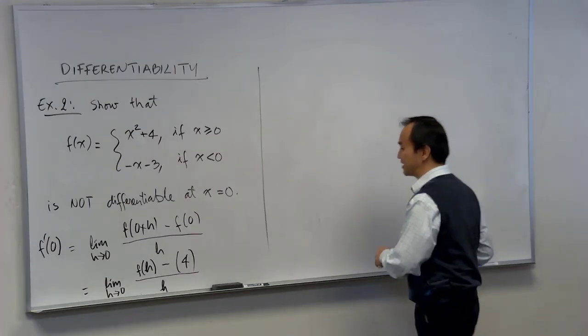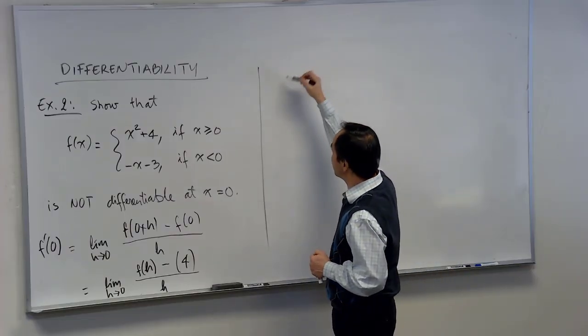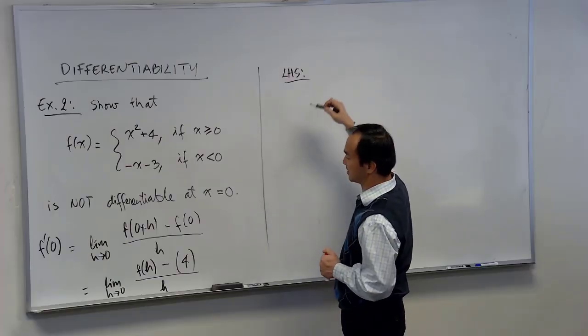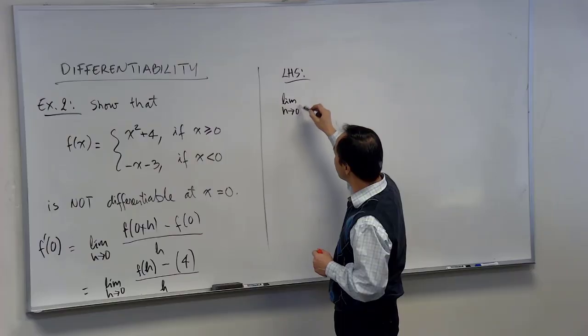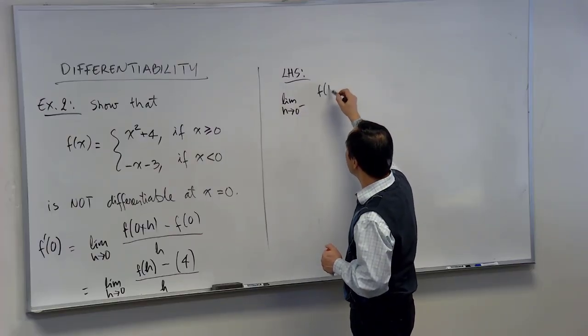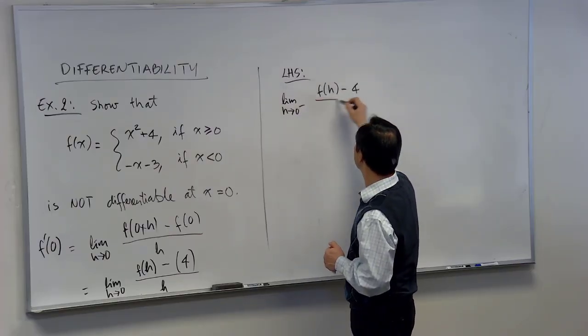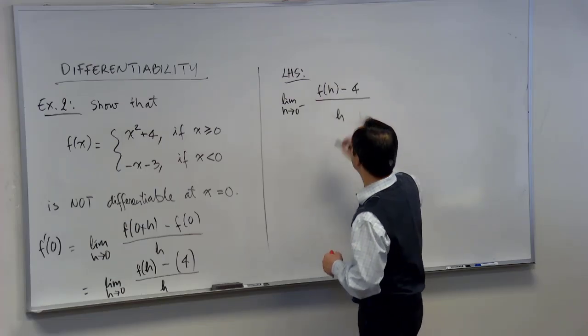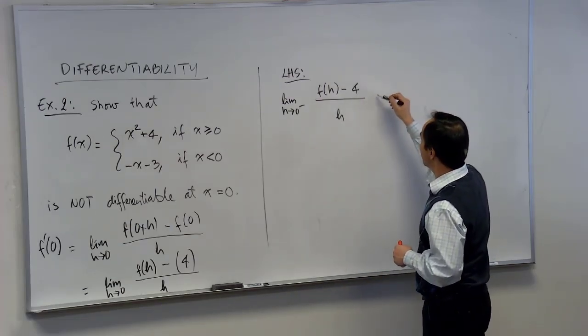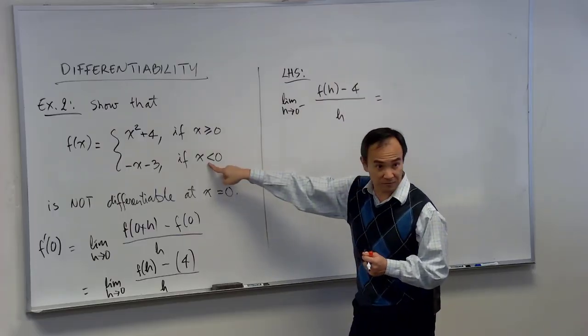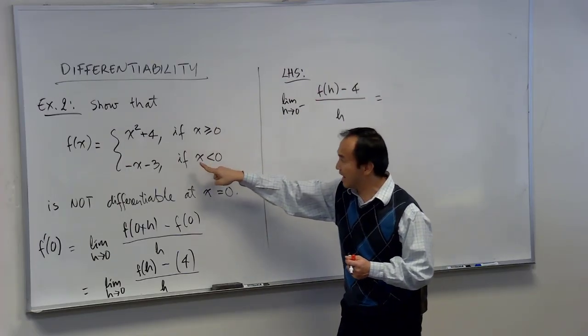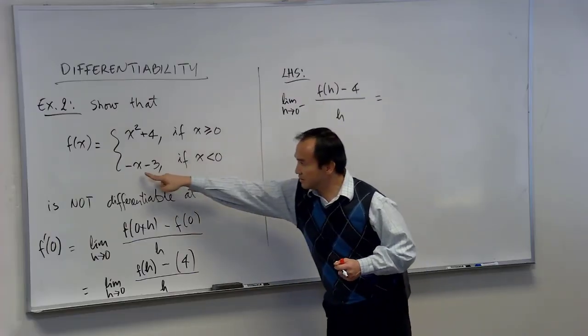Now here's how I'm seeing it. We have to tear it down to the two-sided limits. The left-hand side gives me, as h goes to 0 from the left-hand side, f of h minus 4 over h. We know that when h comes to 0 from the left-hand side, I have to substitute h into this piece.